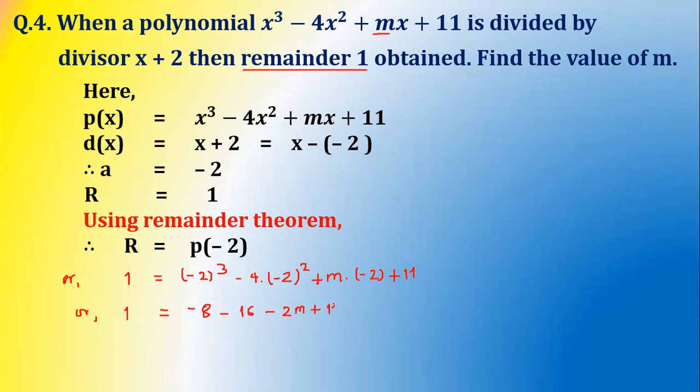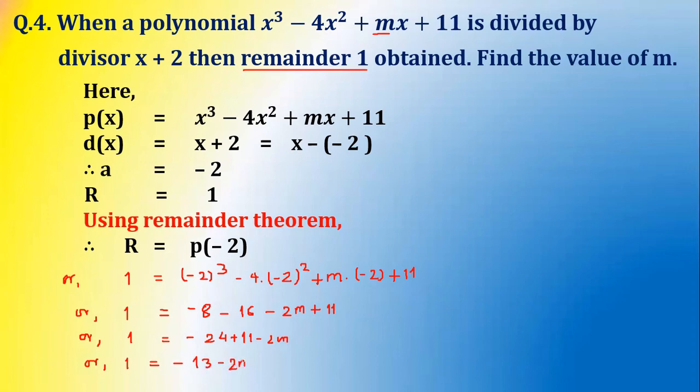Now let's collect all the like terms on the RHS. There is minus 8, minus 16, plus 11. When we simplify all this, minus 8 minus 16 would be minus 24, plus 11, minus 2m. Simplifying further on the RHS, LHS is 1, let's keep it as it is. Now it would be simply minus 13 minus 2m.